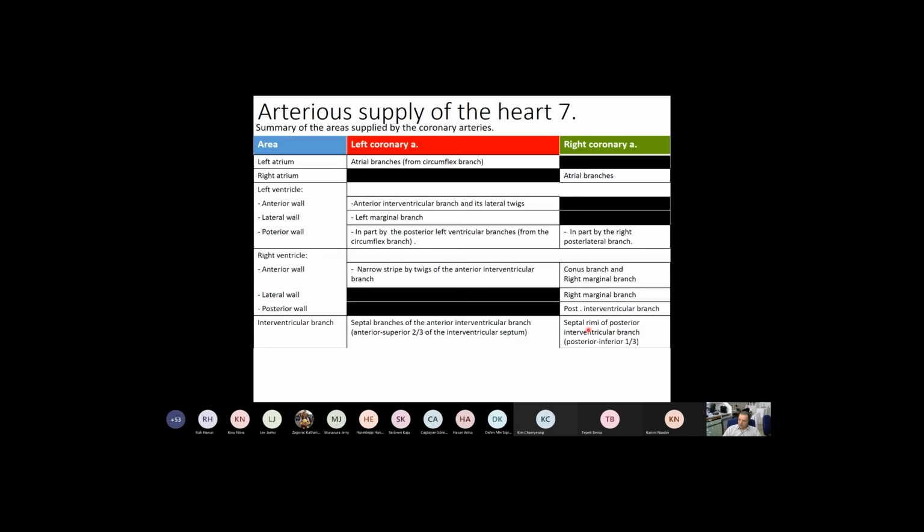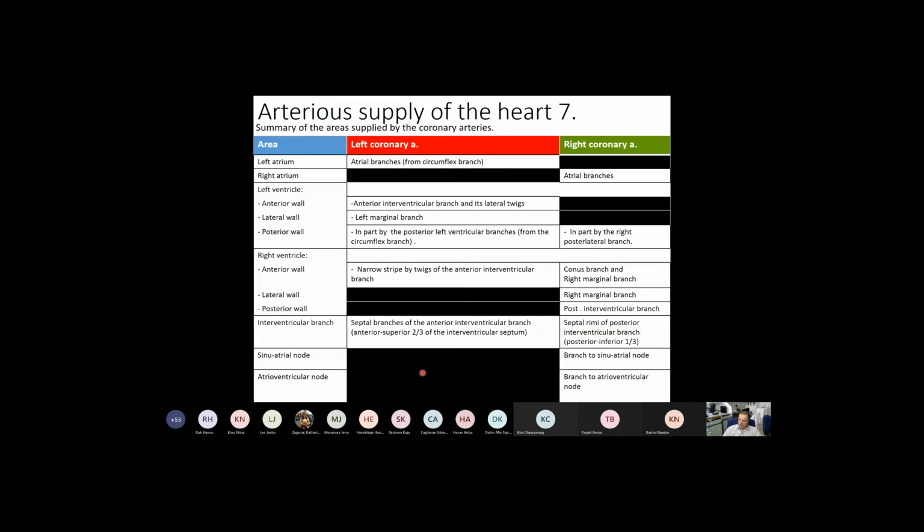So these two coronaries will contribute together to the interventricular septum. And finally, the important centers of the conductance and pacemaker system, the sinoatrial node and the AV node, are fed by the corresponding branches of the right coronary artery.